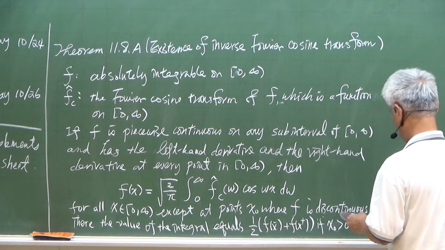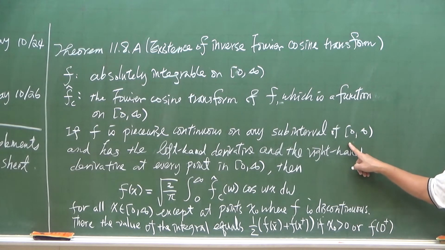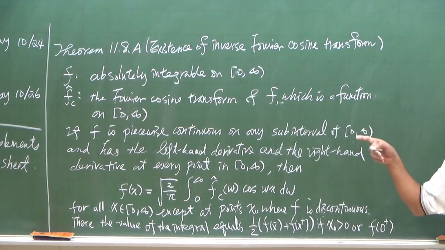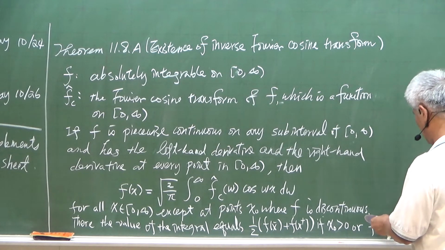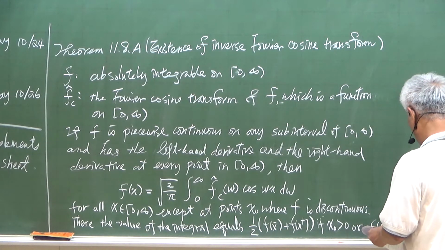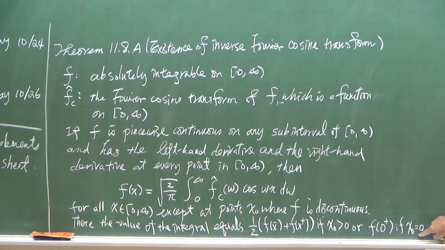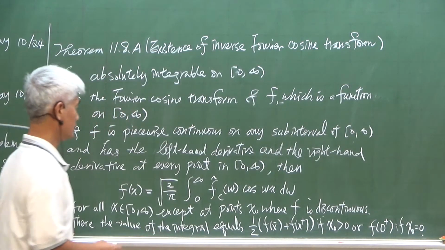Because we have a semi-infinite interval, at the point 0 we have only the right-hand limit, so the integral goes to the right-hand limit if x0 is the endpoint 0. So it is a little bit special for the Fourier cosine transform.